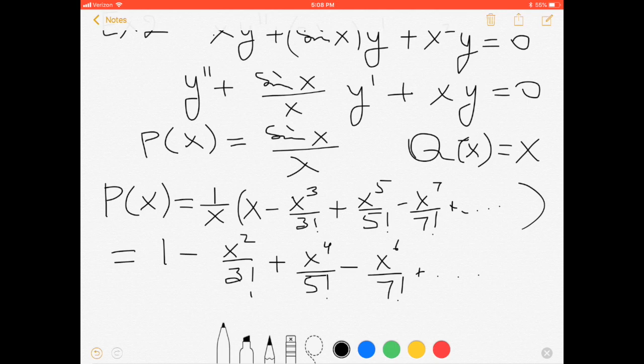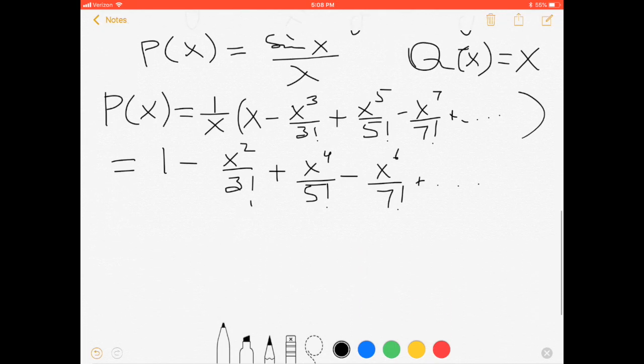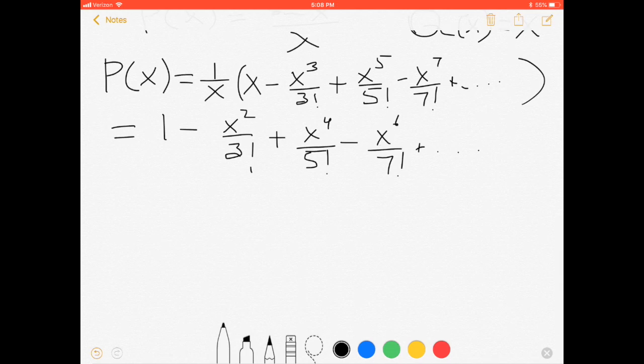This means this function is analytic at x equals 0, and this means x equals 0 is an ordinary point for our equation.